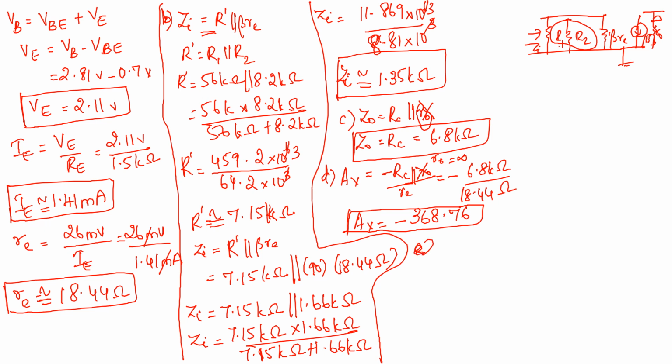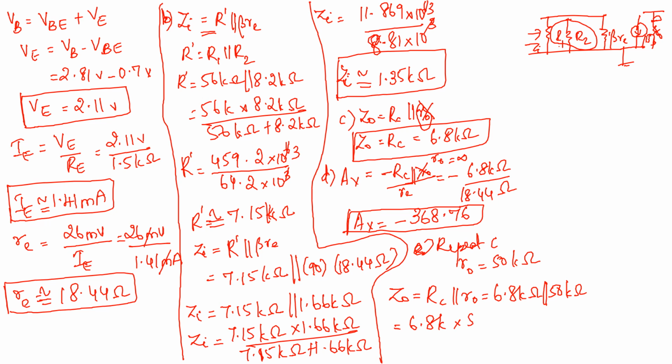Okay, now you have to repeat, that is the E part, you have to repeat C and D. So first let us repeat C, taking into consideration the output resistance is equal to 50 kilo ohm now. So what will be the value now? Z0 will be equal to RC parallel to R0. RC is 6.8 kilo ohm parallel to R0, 50 kilo ohm. The formula is 6.8K into 50K divided by 6.8K plus 50K.